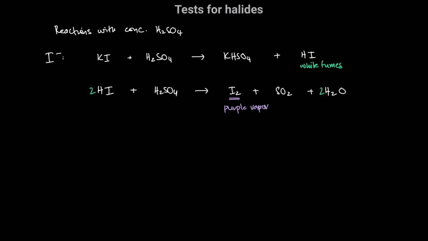However, because iodide is a much stronger reducing agent than bromide, hydrogen iodide can also reduce sulfur further than just to sulfur dioxide. It can reduce sulfuric acid further. Because of this, we also get the formation of elemental sulfur.